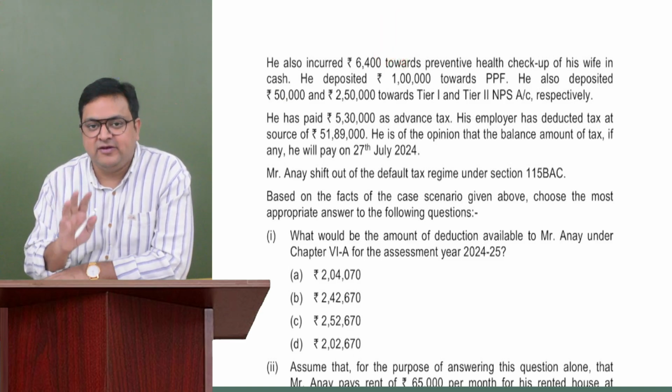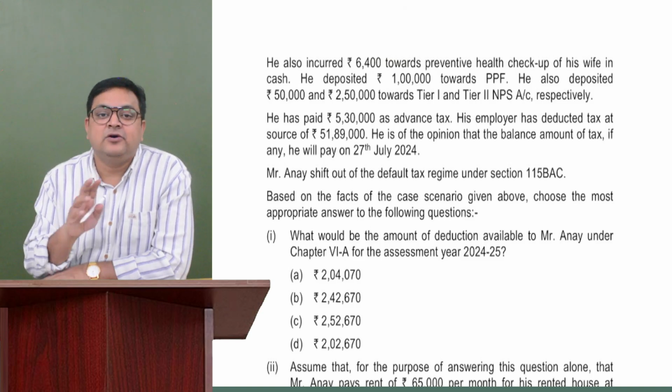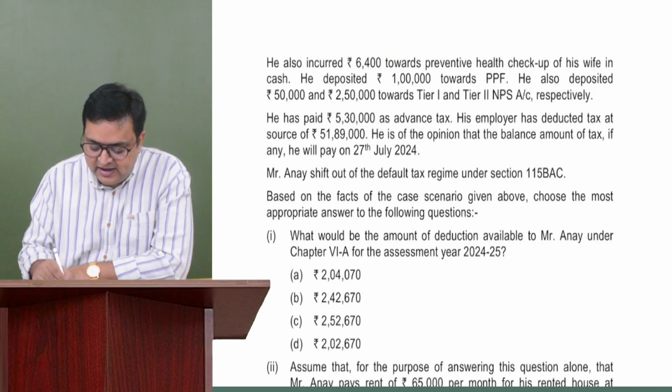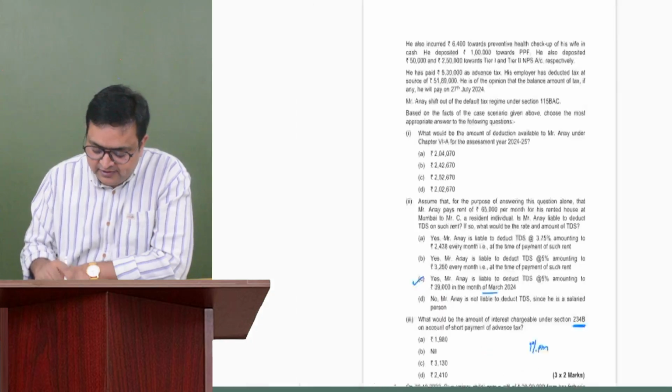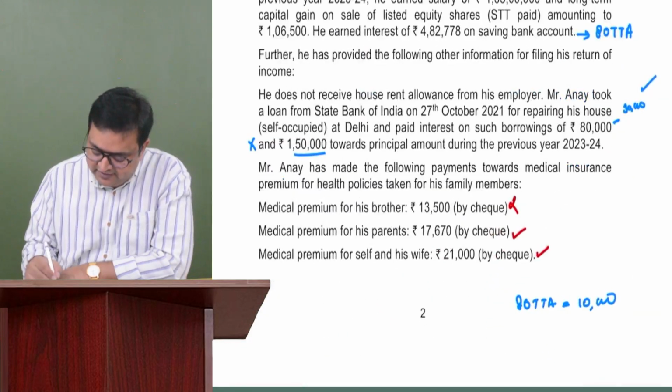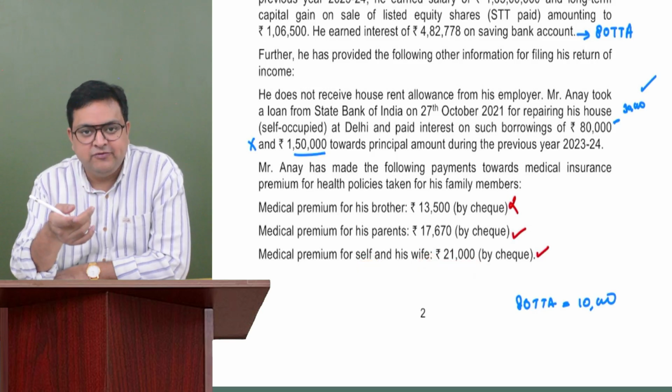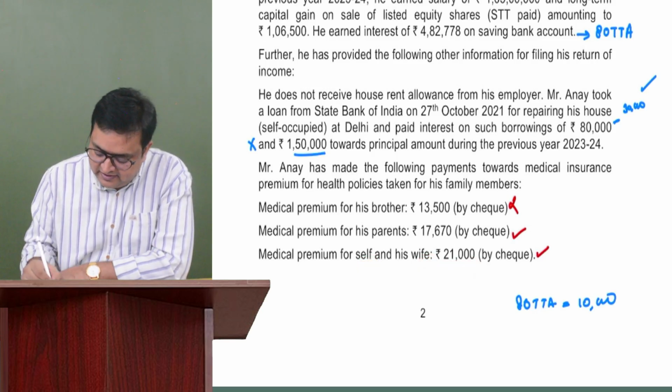But it should be within the overall limit of 25 or 50, as the case may be. For self and wife, we are already taking 21,000, so it cannot go beyond 25. So 4,000 we can take maximum.